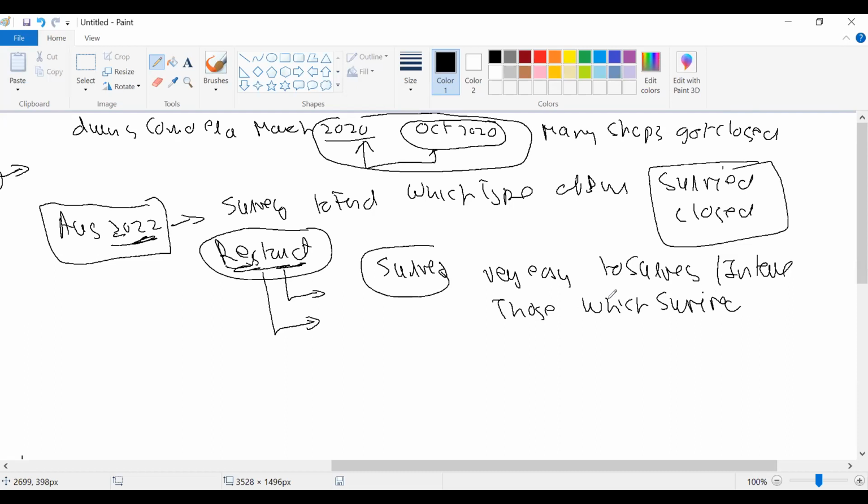It is very easy to interview or get the data of those people which survived, but very difficult to get data of those businesses which got closed. Suppose करो एक शॉप थी 2 साल पहले बंद हो गई, वहां पे एक नई शॉप आ गई, अब पुराने दुकानदार को कहां से ढूंढोगे?